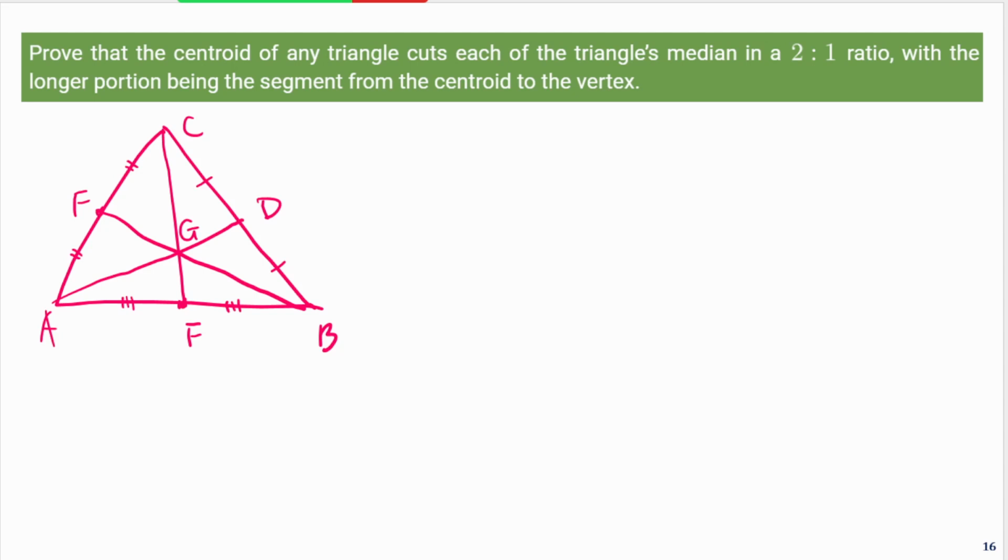Our work with areas gives us the solution right away, right? If you consider triangle AGB, it consists of 2 of the little equal-area triangles, and triangle GDB is only one of them.